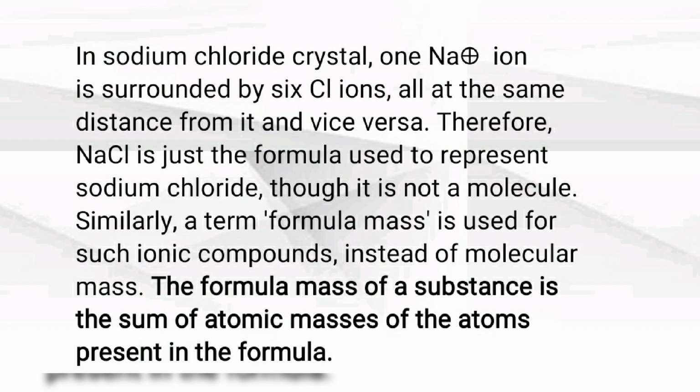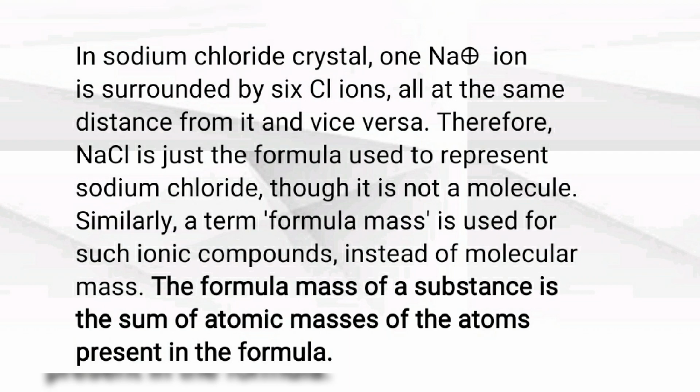Therefore, NaCl is just the formula to represent sodium chloride, but it is not a molecule. So for such a formula, whatever molecular mass we are calculating is called a formula mass. Hence the definition becomes: the formula mass of a substance is the sum of atomic masses of the atoms present in the formula.